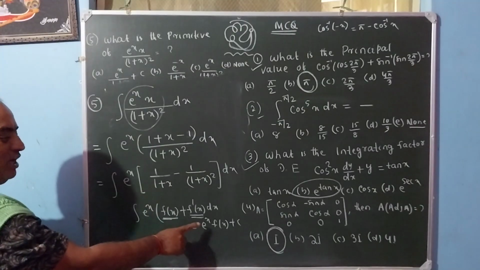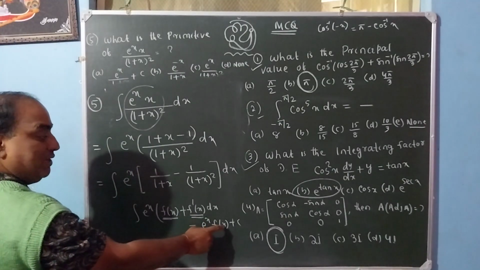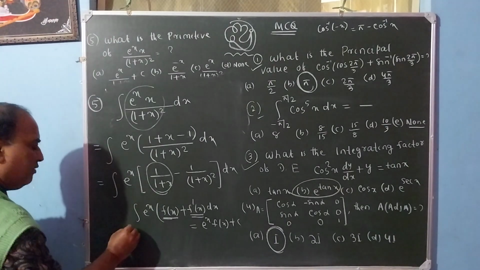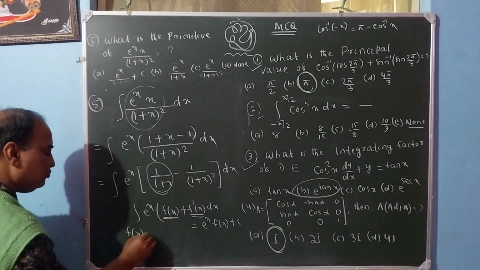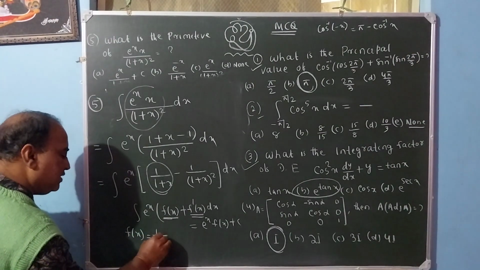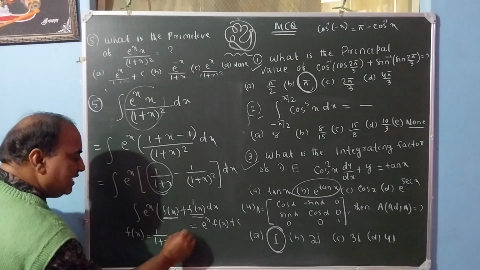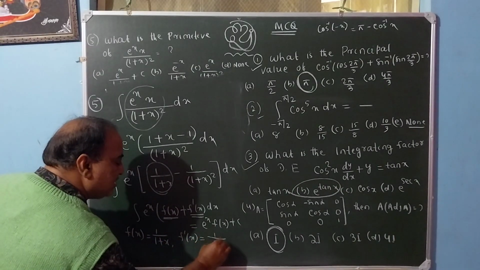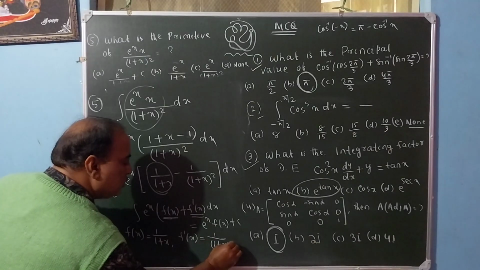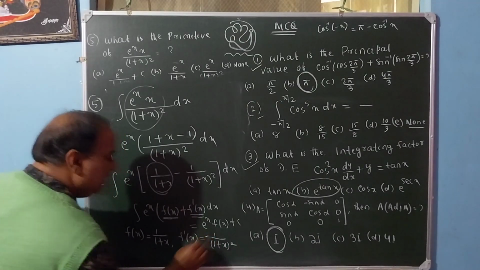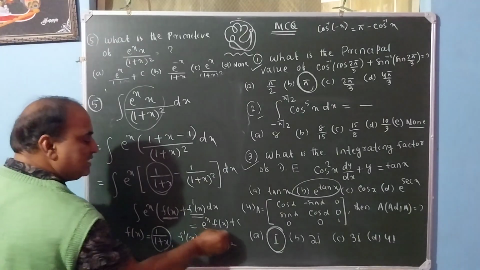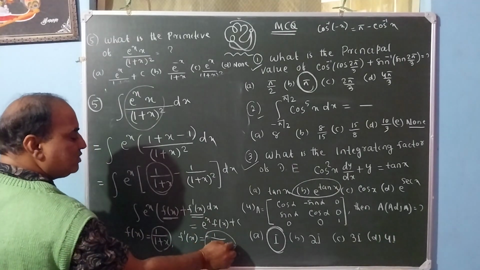If we choose f(x) equal to 1 by 1 plus x, then f dash x is equal to minus 1 by (1 plus x) whole square.